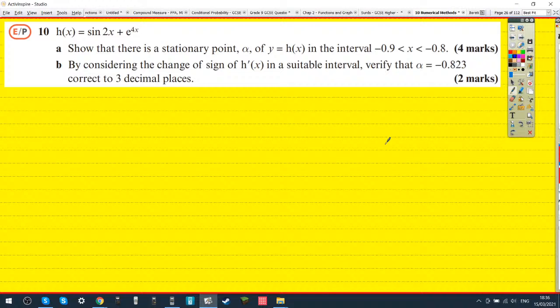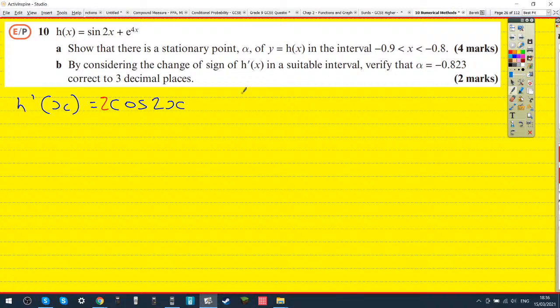So am I just differentiating the equation first? Well done. So that will be cos 2x times the derivative of the function inside. Yeah, 2 cos 2x, sorry.